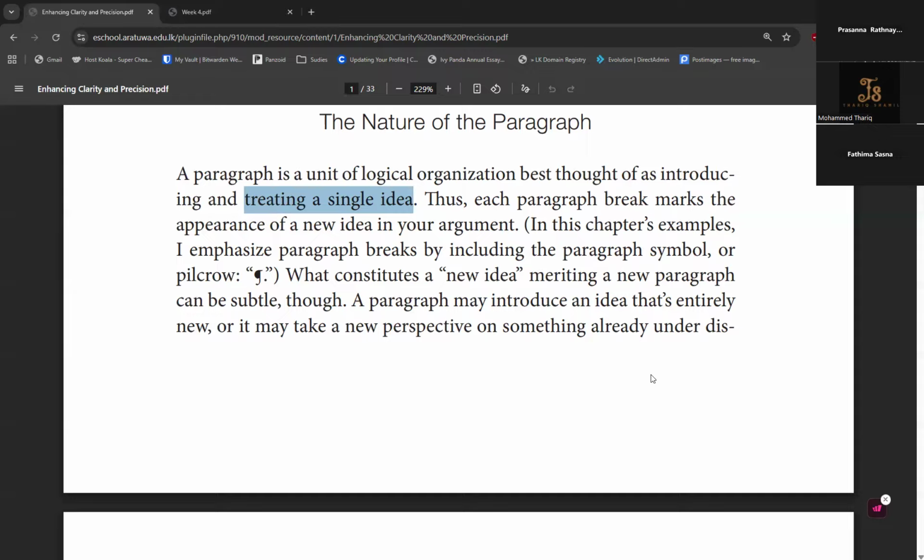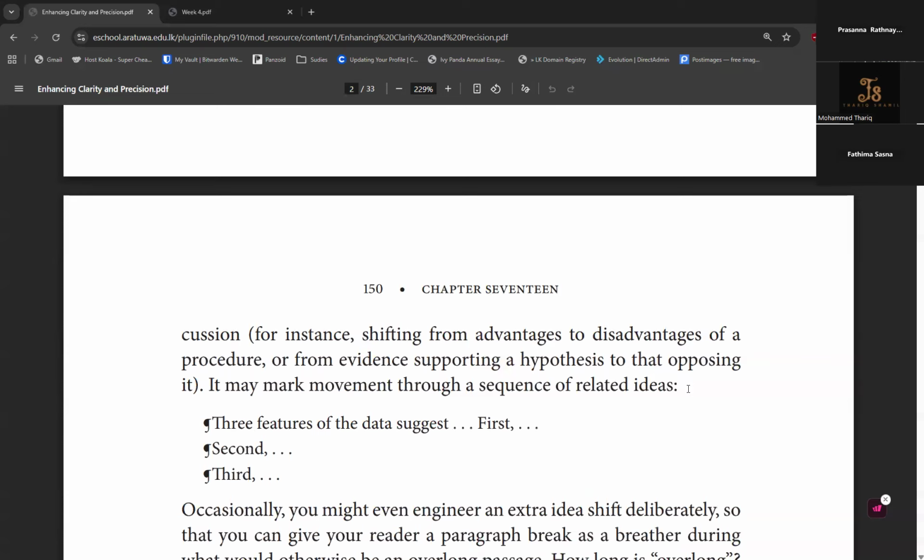A paragraph may introduce an idea that is entirely new, or it may take a perspective on something already under discussion, for instance shifting from advantages to disadvantages of a procedure, or from evidence supporting a hypothesis to opposing it. So it may mark movement through a sequence of related ideas.